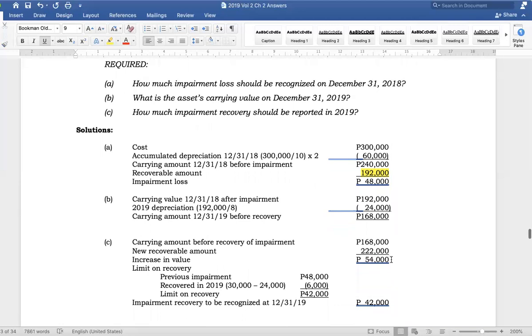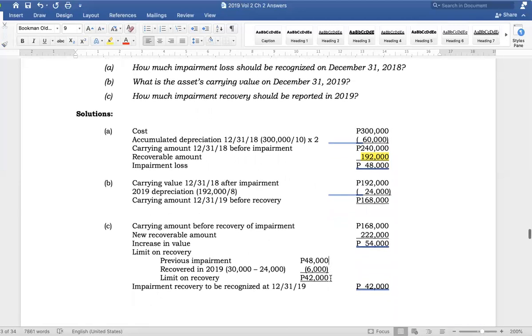But we have to compute again the limit on recovery. So your previous impairment is 48,000. But recovered in 2019. So your annual depreciation before impairment is 30,000. That's 300,000 divided by 10. But your depreciation recognized in 2019 after impairment is 24. Therefore, in 2019, you recovered only 6,000.